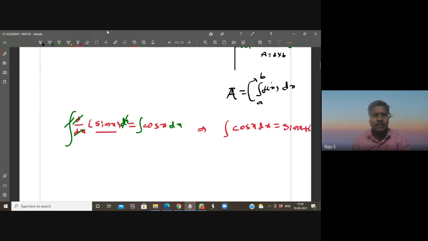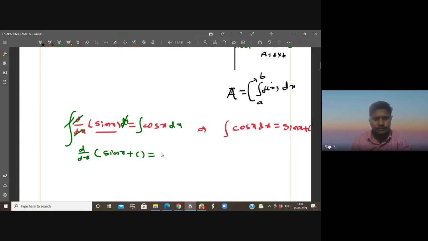Why should we write plus c? Is it necessary to write plus c? For example, see here, d by dx of sin x, we have written cos x. What is the d by dx of sin x plus c?